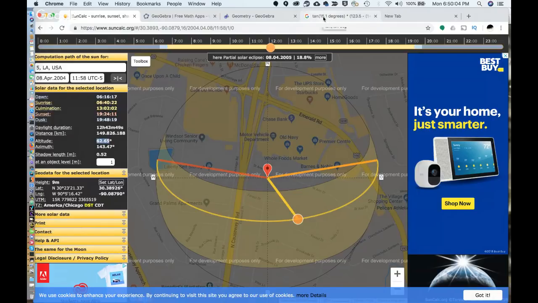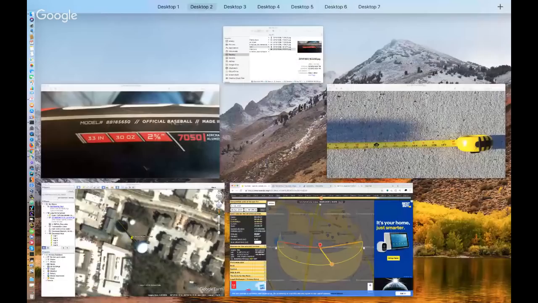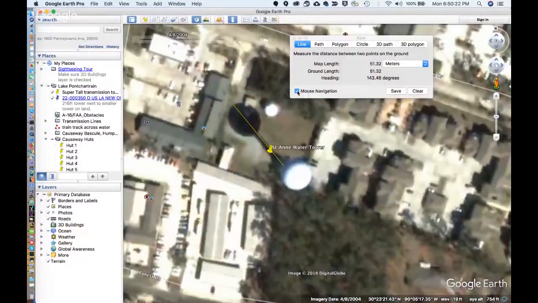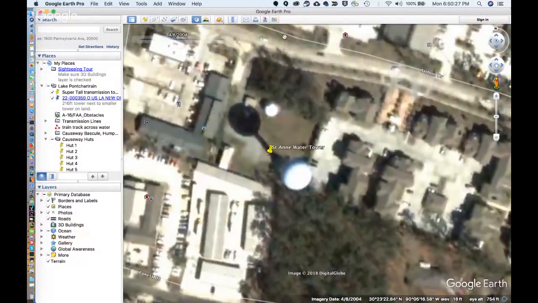Now, what you will notice is because of the way the thing is shaped like a bulb, it won't always be the same edge or the same part of the circle that's actually casting the shadow, which means that the height will vary a little bit, but you'll be able to find a range that's good enough to give you an idea on just how tall that tower is.